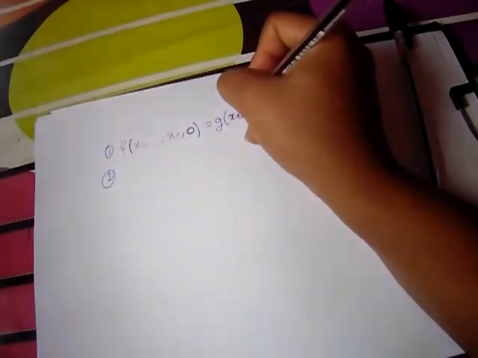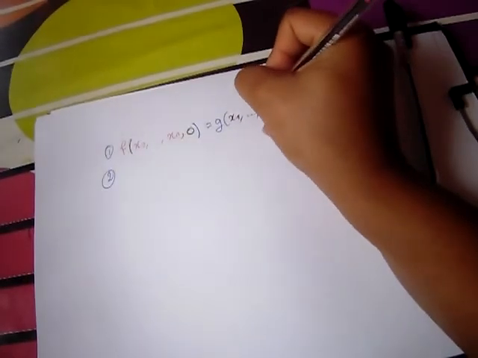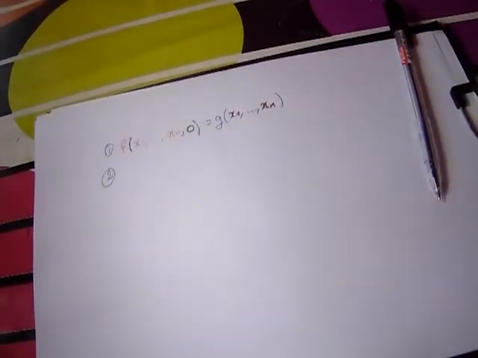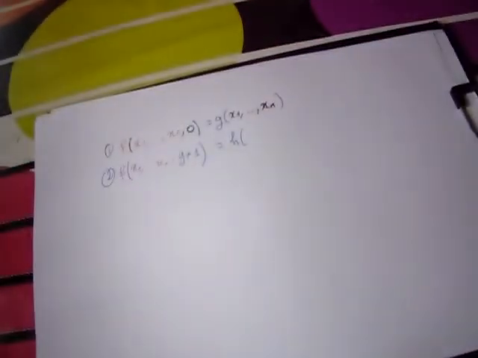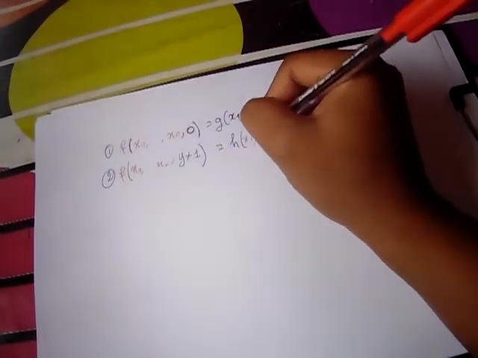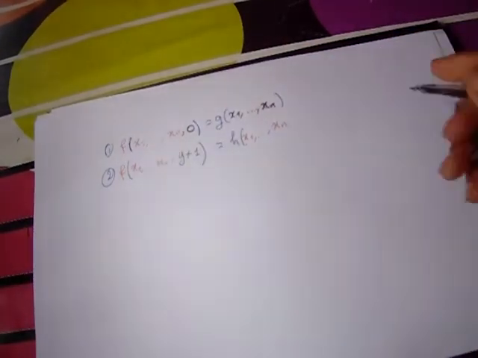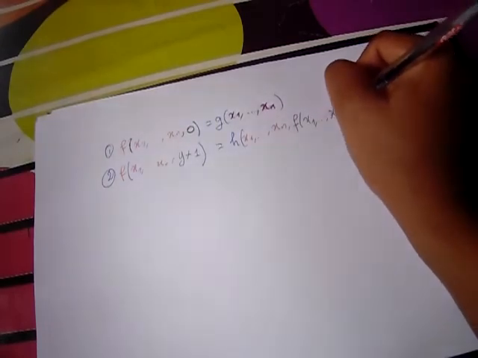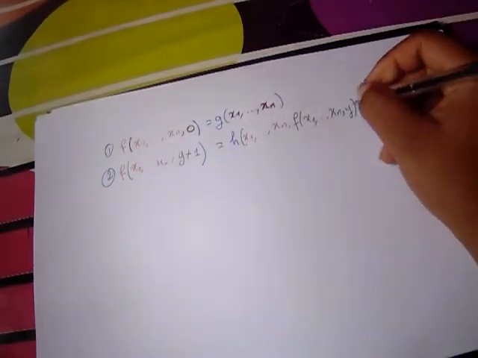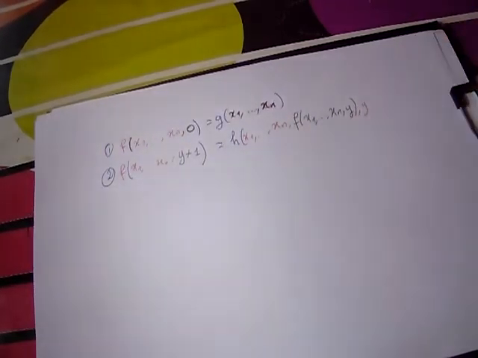And the second stage is f de x1 jusqu'à xn and y plus 1 to give us h of x1 jusqu'à xn, f of x1 jusqu'à xn, y and then y.